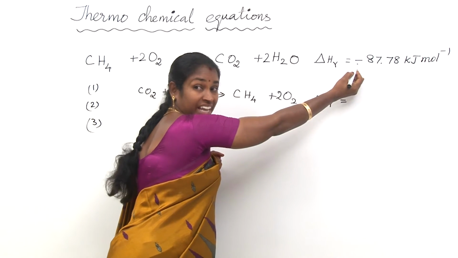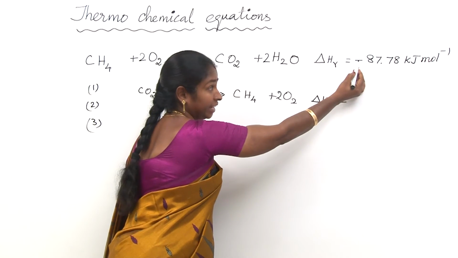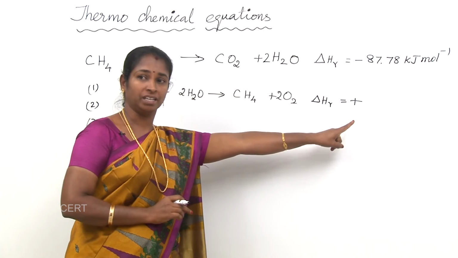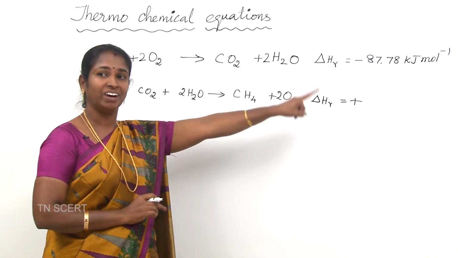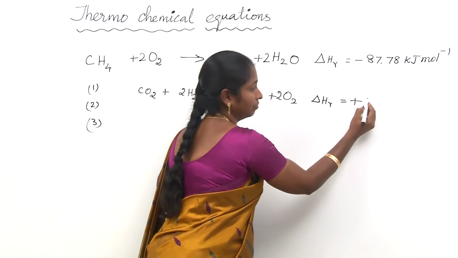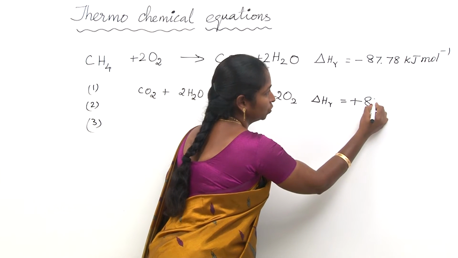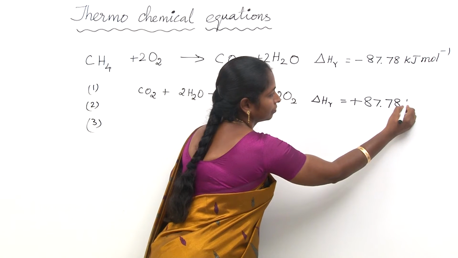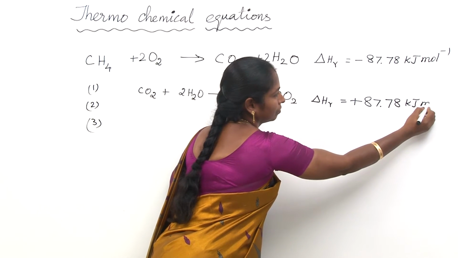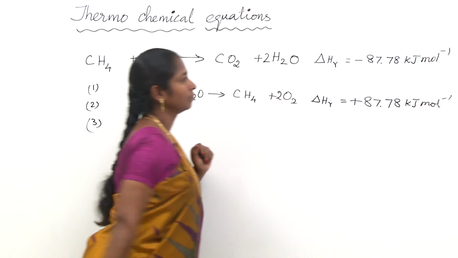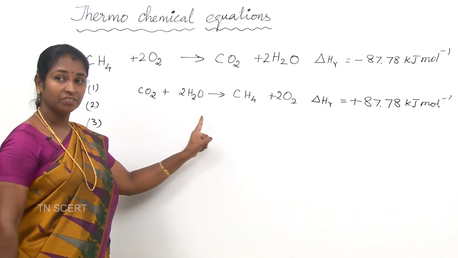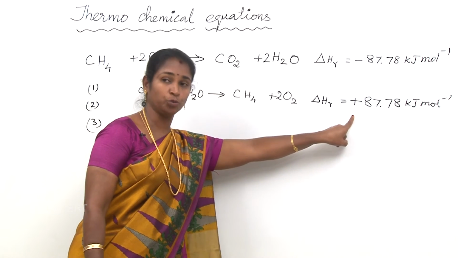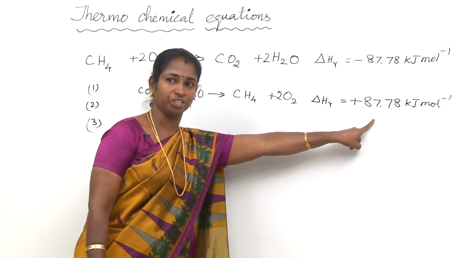That is, the sign should be reversed. The negative sign should now be positive. The sign should be inversed, but not the value. The magnitude of the delta H value should not be altered. If the equation is reversed, the delta H value sign should be reversed, but not the magnitude.